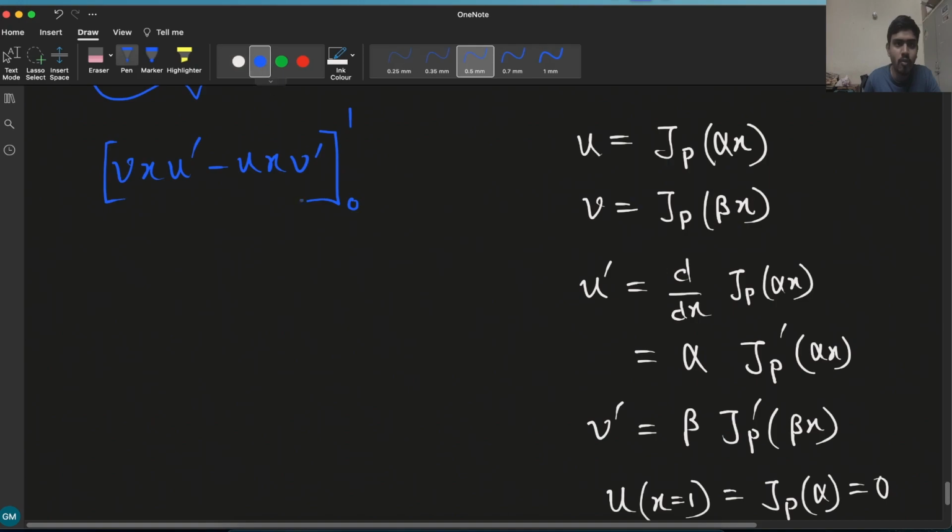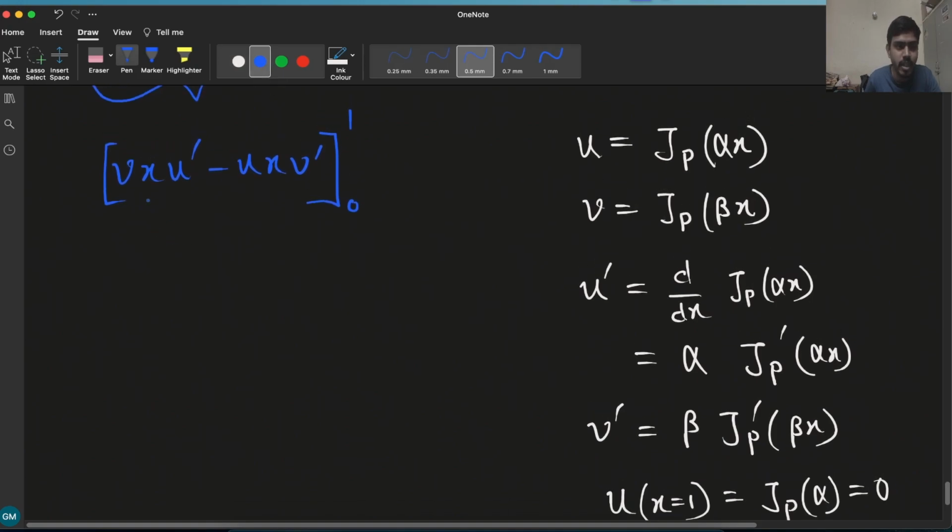So now if I put the upper limit, then from this first term, v at x equals 1 will be J_p(beta), times 1 times u', and u' is alpha times J_p'(alpha x), so it is alpha times J_p'(alpha), and x is 1 because I'm putting the upper limit.